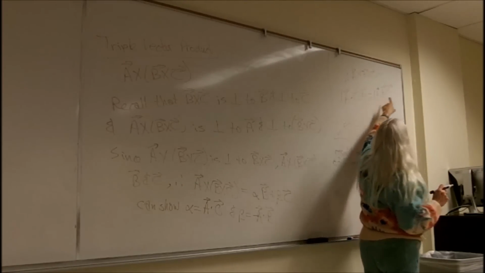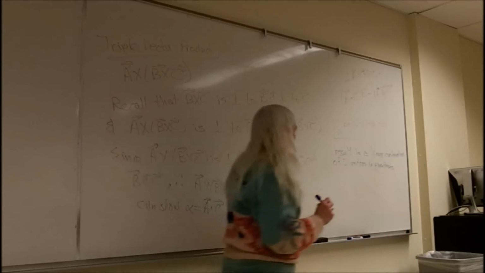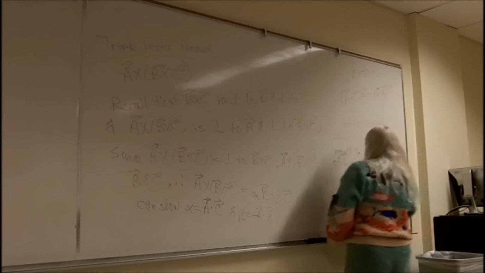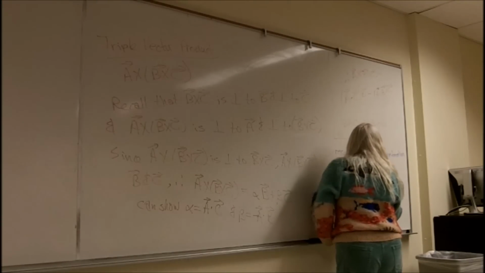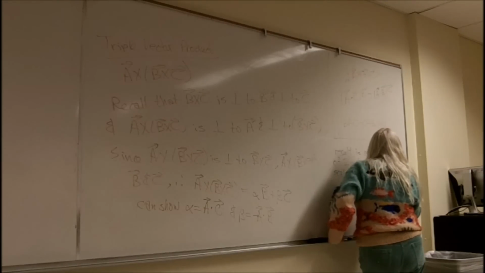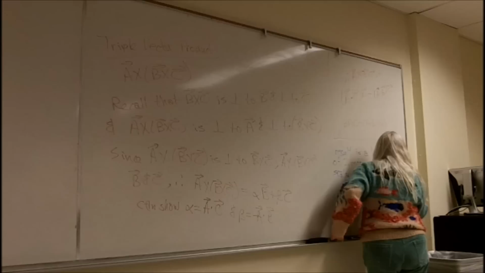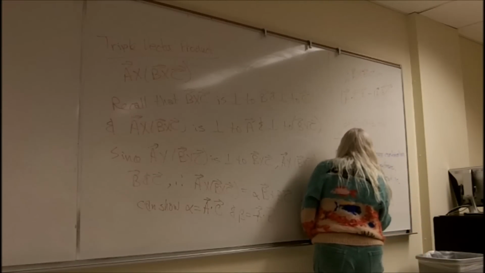So there's a B, there's a C. Each one of them gets multiplied by a scalar coefficient, right? And so the scalar coefficient of each is the dot product of the other two vectors.